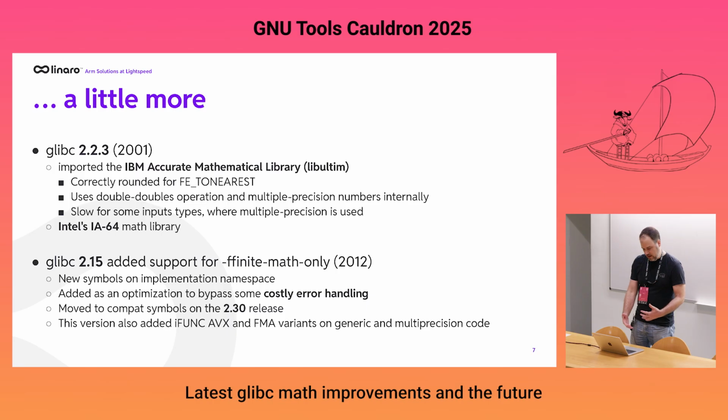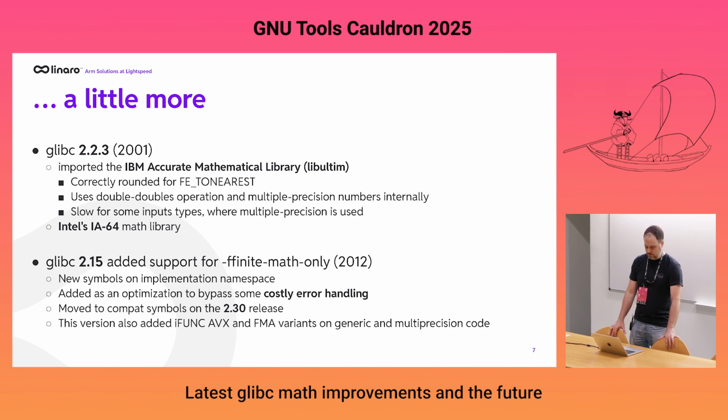But we kept this implementation for a long time, and the first thing that we tried to mitigate this issue was to add this new finite-math-only support, which was a GCC option that basically says that you're only operating with finite numbers, so it does not have infinity, not a number, or I think the denormals as well.